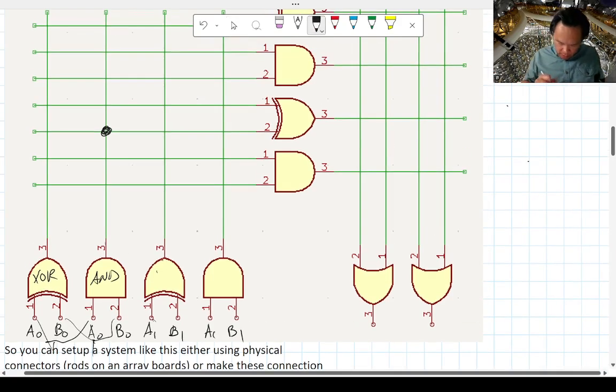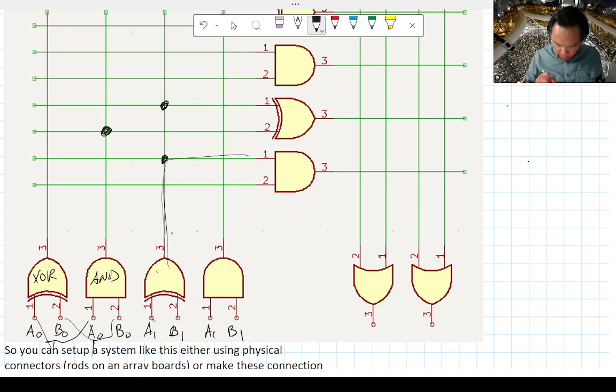Okay, and then this XOR gate does not go to the output. It actually goes through the second XOR gate, right? And it goes to the AND gate. So we need to make this connection. So what happens is that whatever signal goes through here, it goes through here, it goes over here, it goes through here. Okay, you're literally just physically making these wire connections.